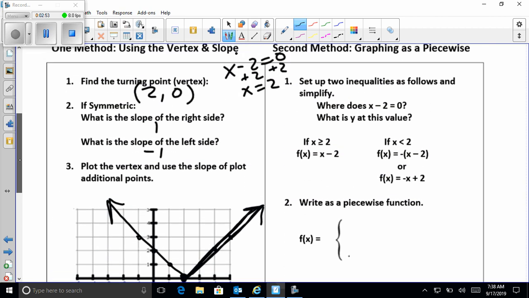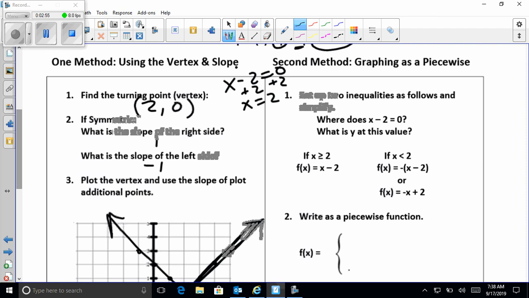Now, the other thing you can do is just break it into the piecewise. So you know that there's going to be two possibilities when you're plugging in a positive and when you're plugging in a negative x. So first thing you still have to ask yourself is where's the vertex? So we know that the x is 2 and our y is 0 there, so that's our vertex. That gives you, for the x, your dividing point for your piecewise.